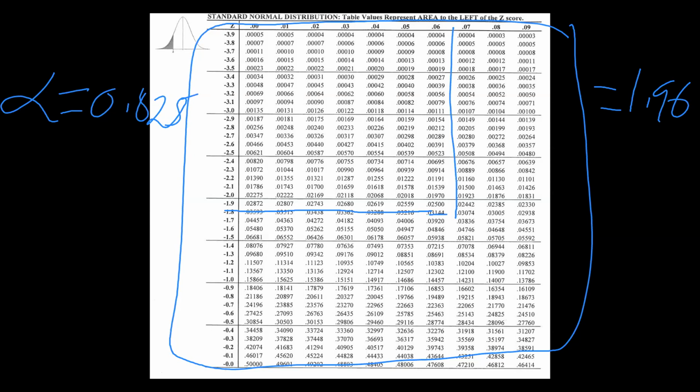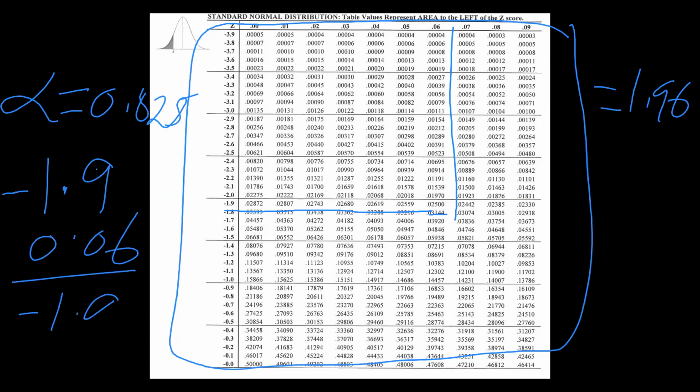You've seen it, right? It still gives you the same thing. It's only that this one is a negative value now. Negative 1.9 and 0.006 gives you negative 1.96. Is anyone getting confused? It's the same thing. It's only that this one will give you the negative side.